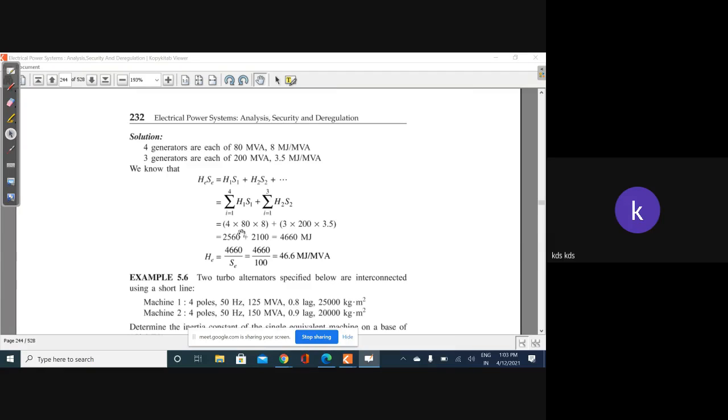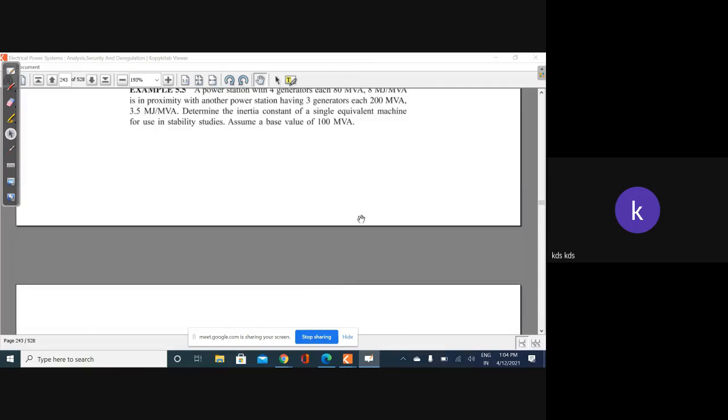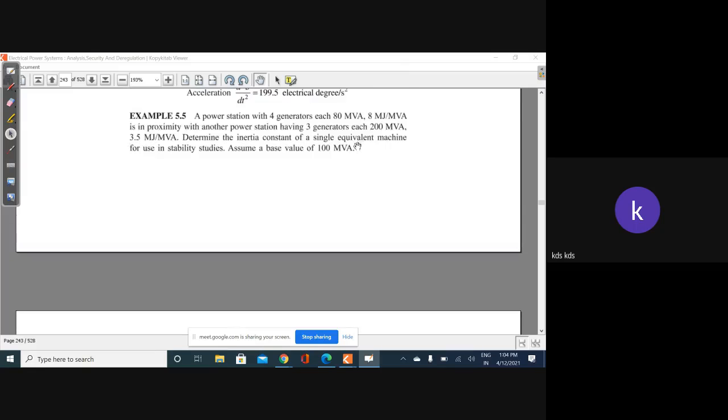So here we have 4 into 80 into 8 for 4 generators. For 3 generators, we have 3 into 200 into 3.5. This is the total kinetic energy, which is 4660 megajoules. Then we have the single equivalent machine, whose base value is 100 MVA.